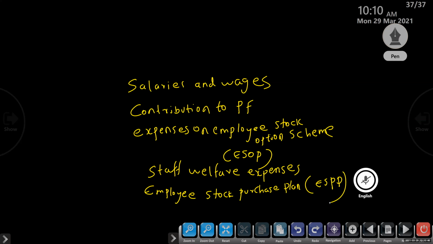Normally they used to give these. So you also have to remember: salaries and wages, contribution to PF, expenses on employee stock option plan, staff welfare expenses, employee stock purchase plan. These are employee benefit expenses.